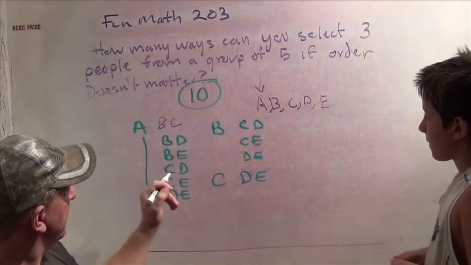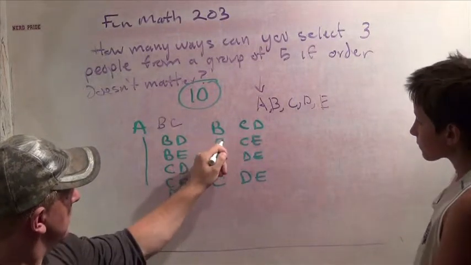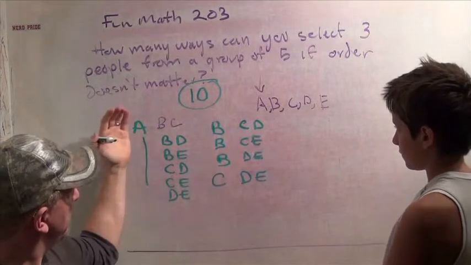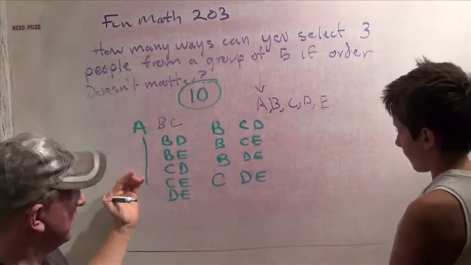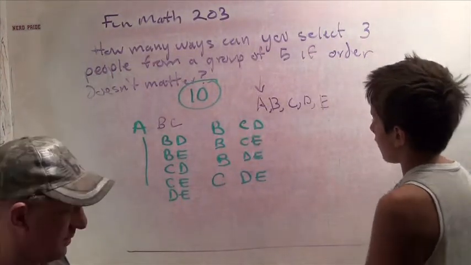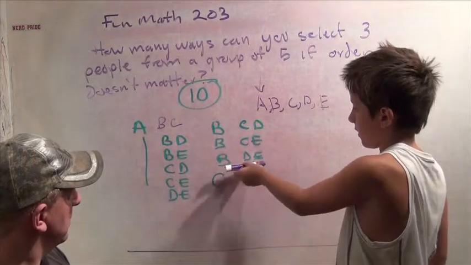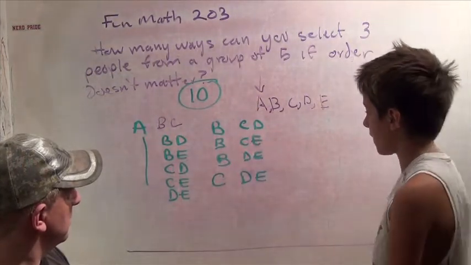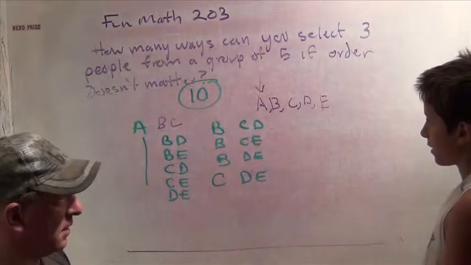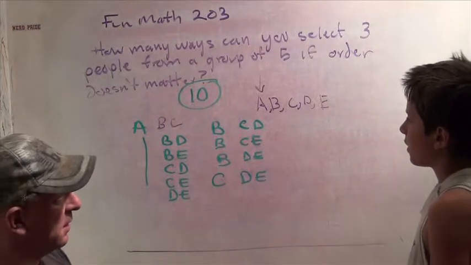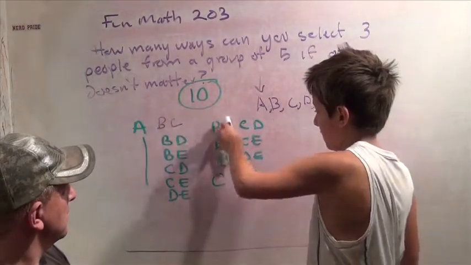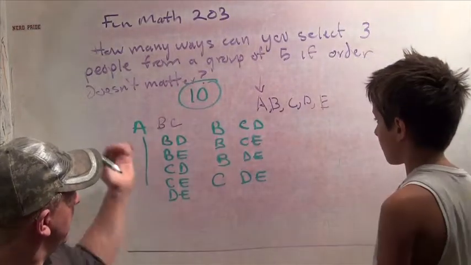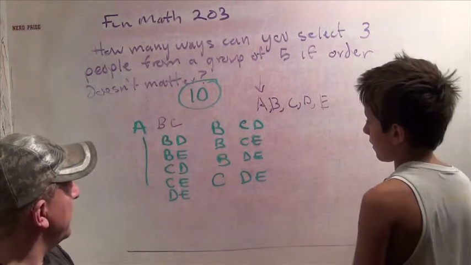Let me show you something really interesting now. Maybe I should write the B's. We see there's 6 that have A in them. How many have B in them? There's 6 that have B. How many have C?